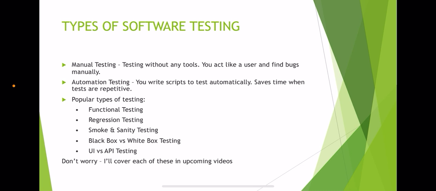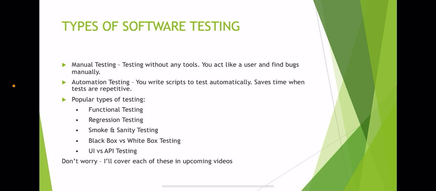Apart from that, in our future lectures we will discuss functional testing, regression testing, smoke testing, sanity testing, black box testing, white box testing, user interface testing, and API testing.